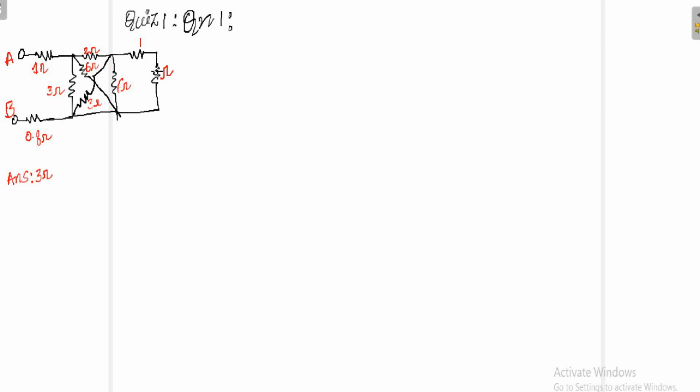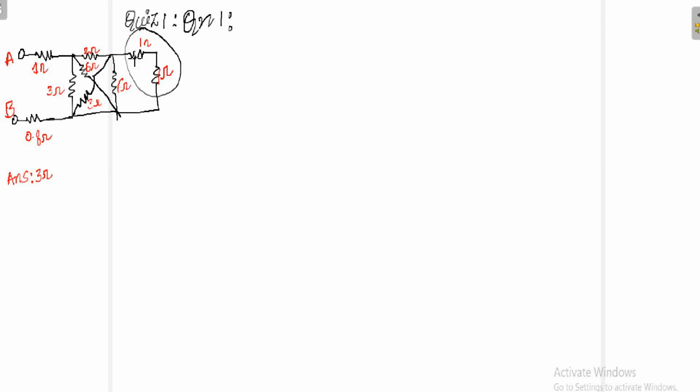If you observe, this is 1 ohm and this is 1 ohm. So in the question we have this 1 ohm and this 1 ohm. By observing these two, how are they connected?